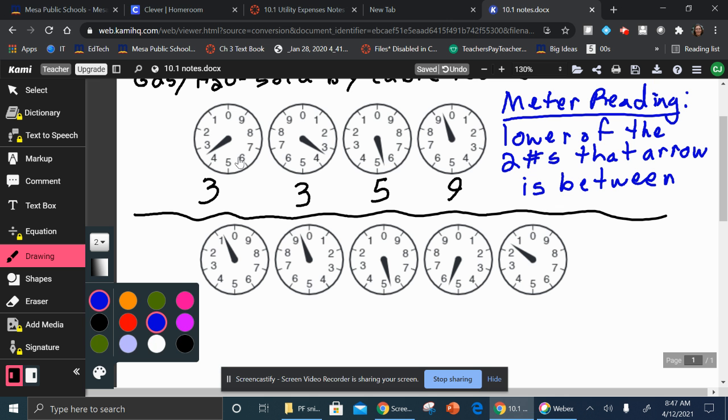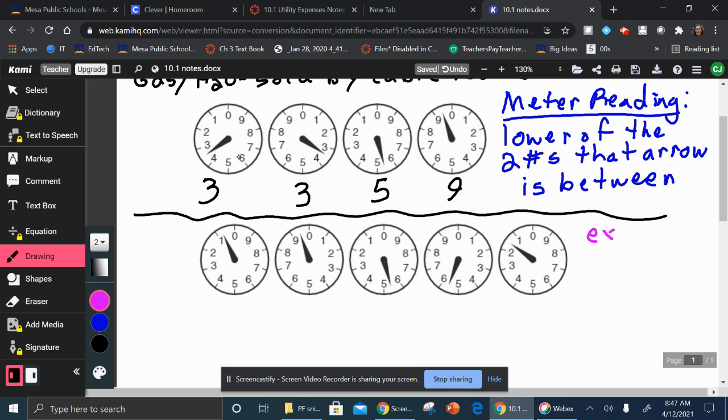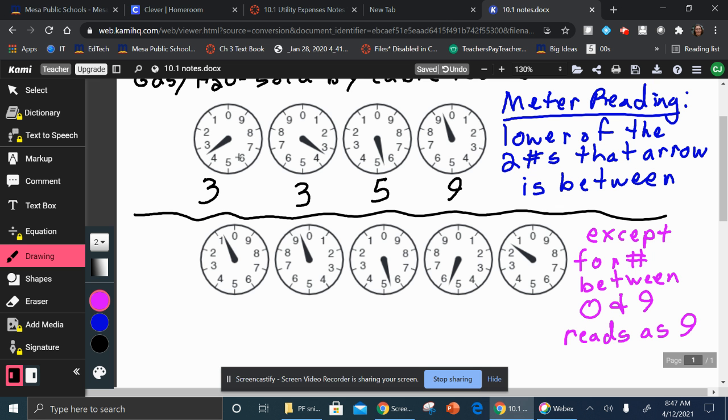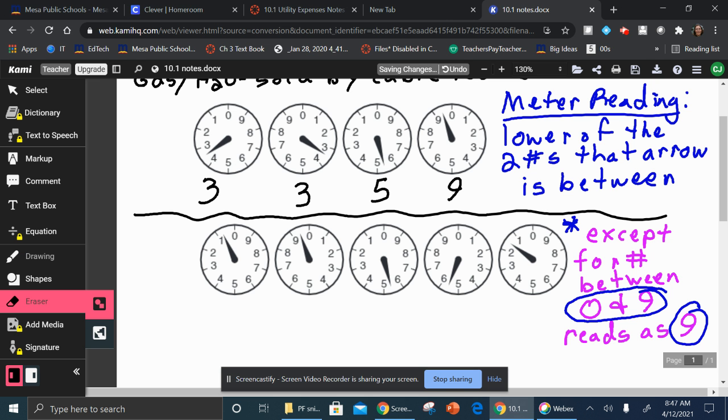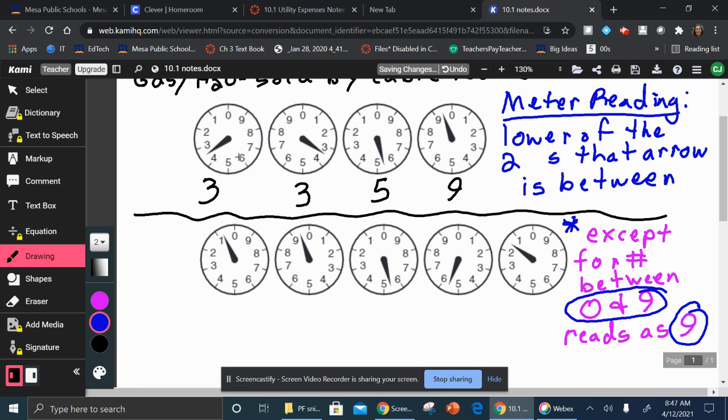The exception for this, everybody, is except for the number between 0 and 9, then it reads as 9. So when it's between 0 and 9, it reads as 9. Okay, so everybody, that's the exception. Make sure y'all tell that that's a number.